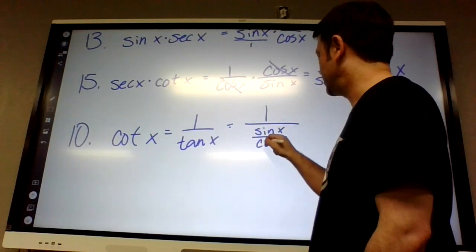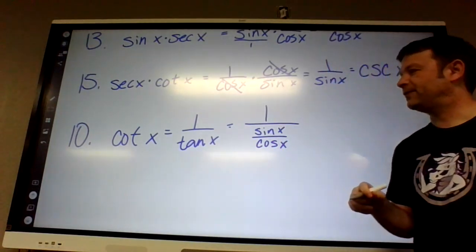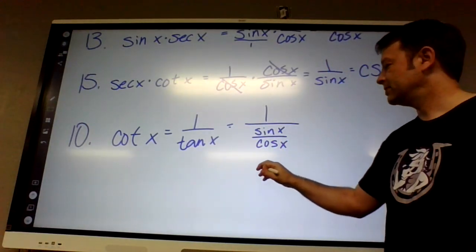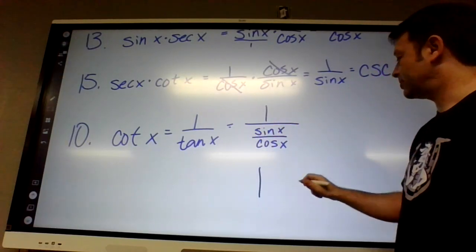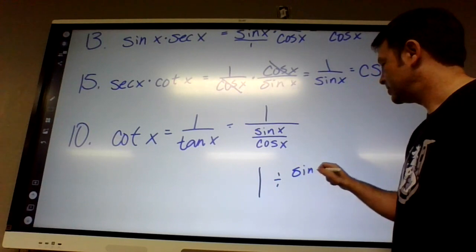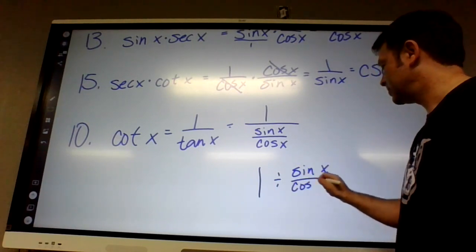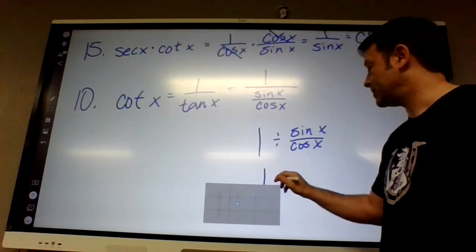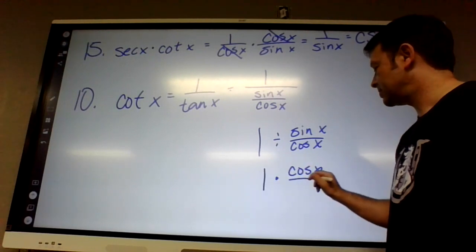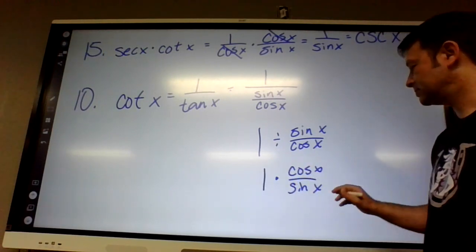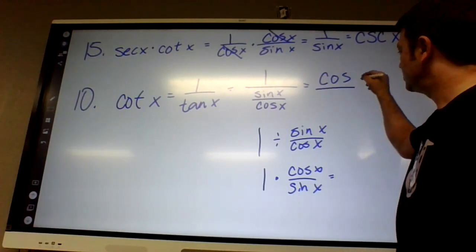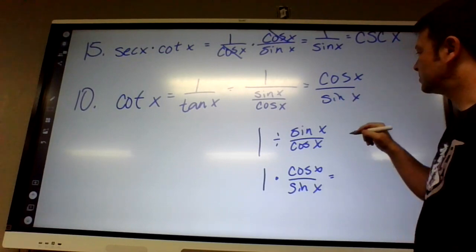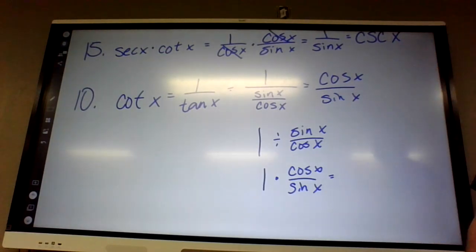Sine over cosine. And how do we divide fractions? The fraction you're dividing by, you flip and multiply. So 1 divided by sine over cosine is equal to 1 times cosine over sine. In other words, this equals cosine over sine, which is what they wanted.